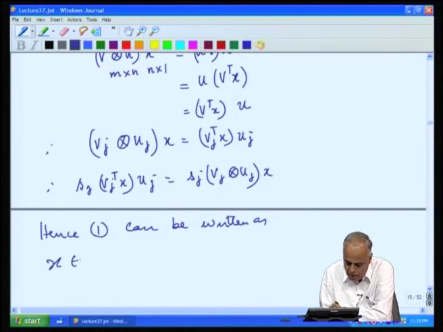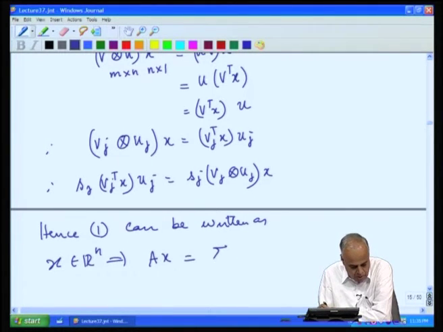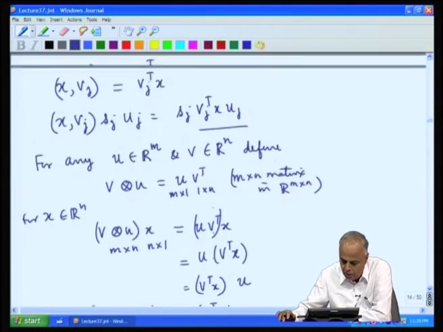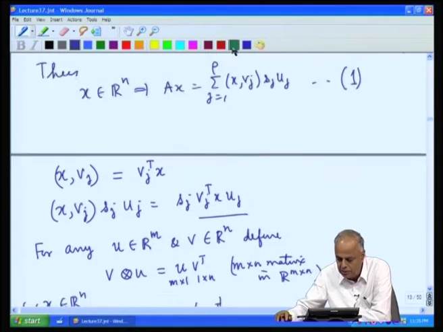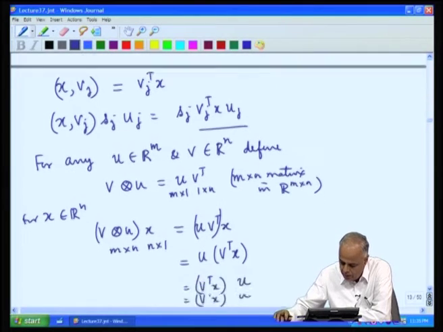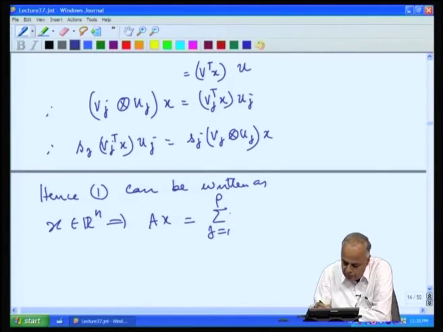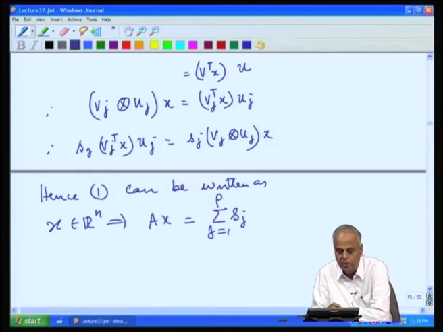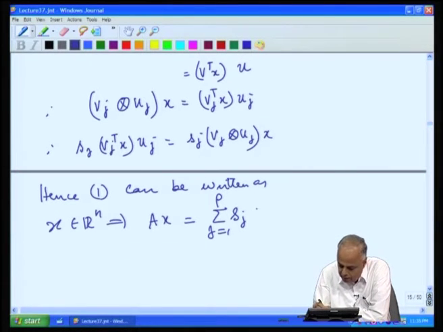Therefore, 1 can be written as: x belongs to R n implies A x equal to summation j equal to 1 to rho S j, and the inner product of x and v j is, as we observed, v j transpose x, and combining that we get v j tensor u j acting on x.